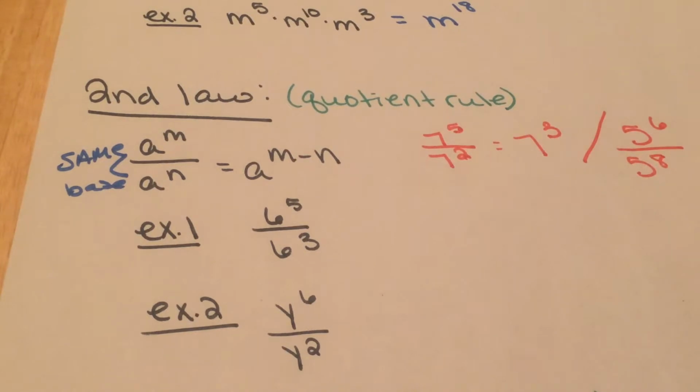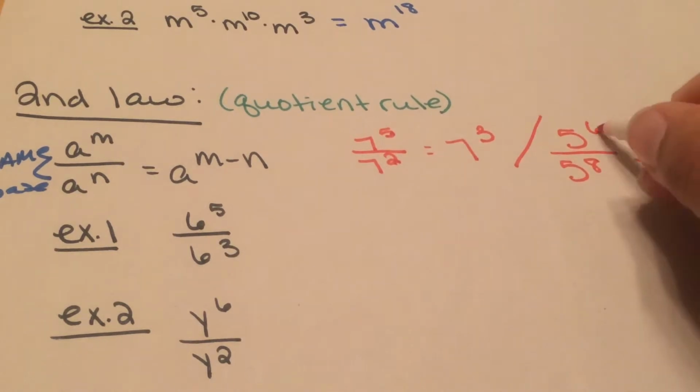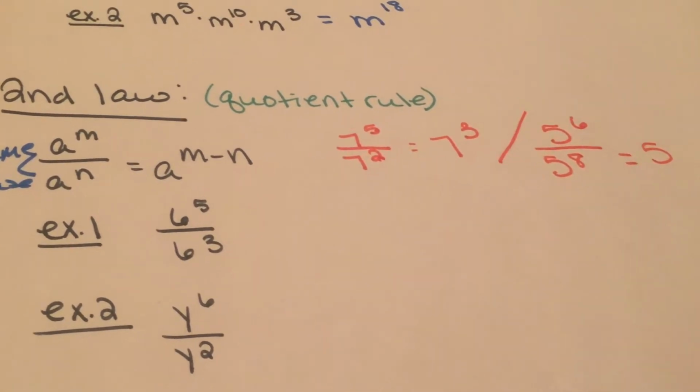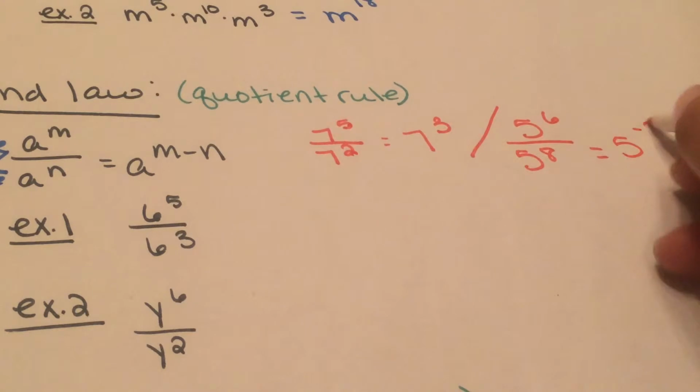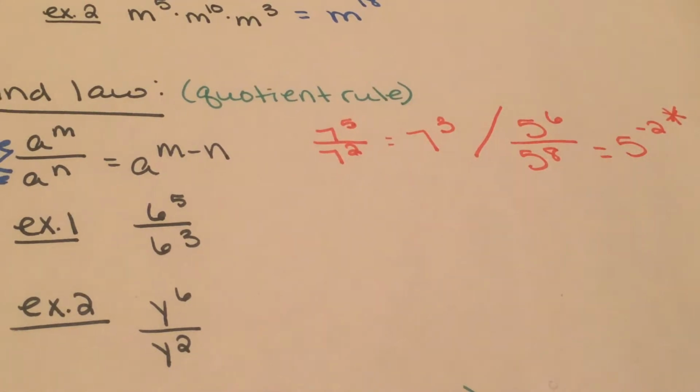Well, our base is the same, so I can go ahead and subtract those. And so I'm going to get 5, keep that base, and 6 minus 8, hopefully we all know, is a negative 2. That's something really important. I'm going to put a star there because we're going to see something that's going to address that later and come back.